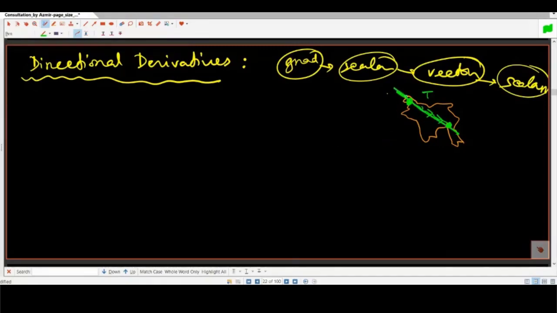So there is a specific vector here. We know how to find unit vector along any vector. So this is the example of directional derivative.